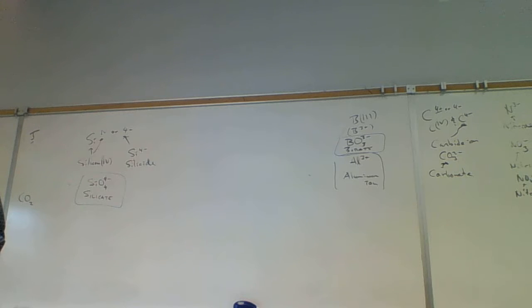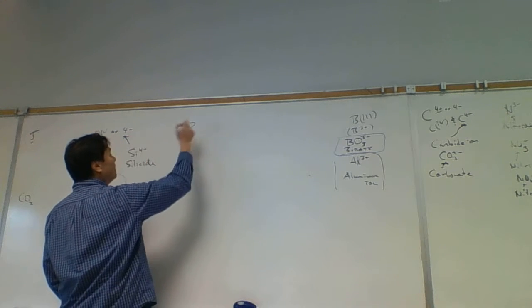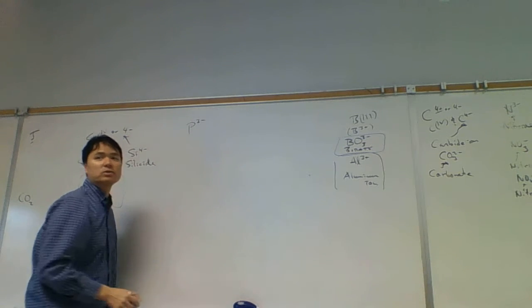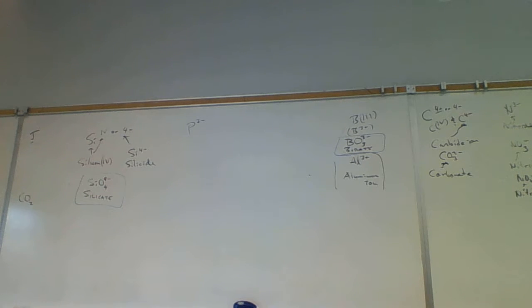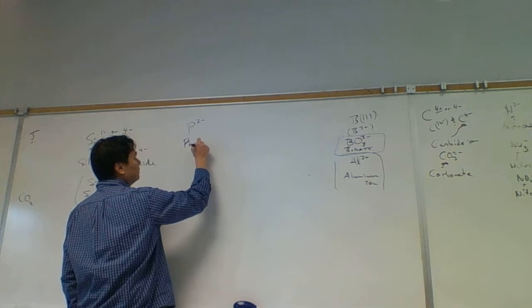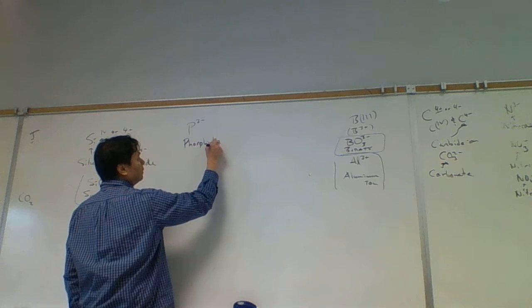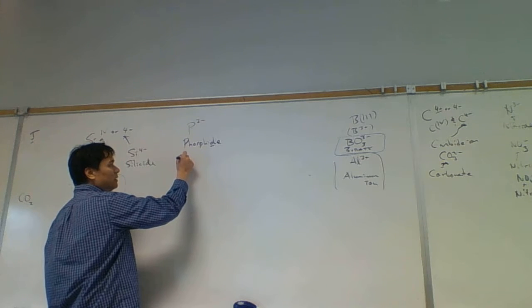Okay, next to silicon is phosphorus. For phosphorus, we have the 3 minus ion, which is common. What would we call phosphorus with a 3 minus charge on it? Not phosphate, because the -ate tells us otherwise. This would be phosphide with a D. Phosphate, what is the formula for phosphate?